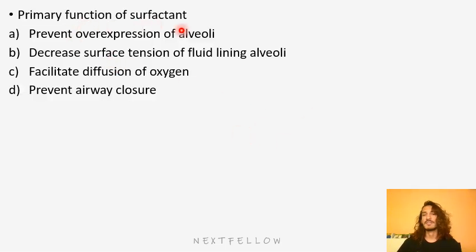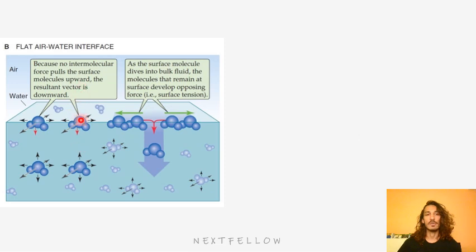Next is the primary function of surfactant. You can see over here when we look at the air fluid interface, the molecules that are there are all tethered together because of the intermolecular forces. In every plane there's some sort of interaction. So this one molecule over here is pulled in this direction, this, and this, and this. So there's no net pull to any side, but for the ones at the interface, although they are pulled in all these directions, there's no molecule over here that pulls in the same way.